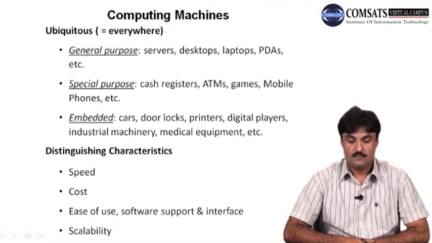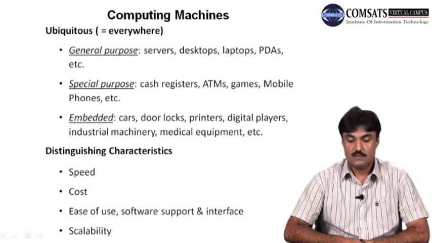Another category is called special purpose. Special purpose computing machines include cash registers, ATM machines, games, mobile phones, etc. The third category is embedded computing machines.